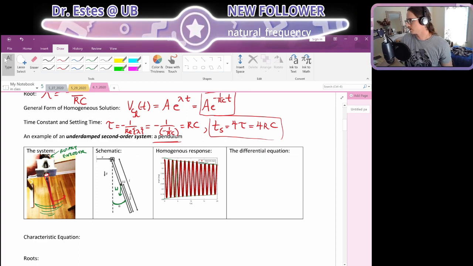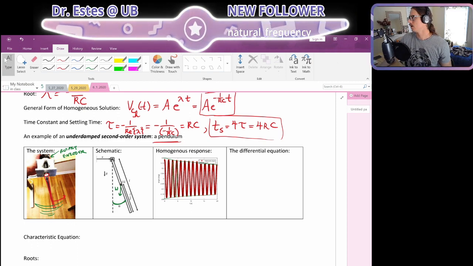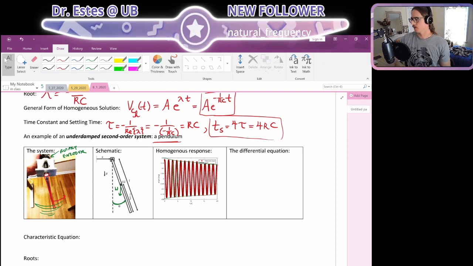All right, what's our differential equation? I have to pull that up. I don't remember it off the top of my head. There we go.